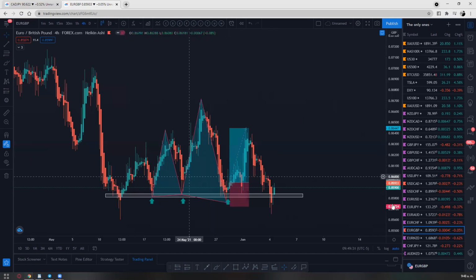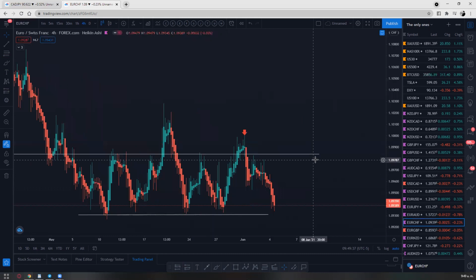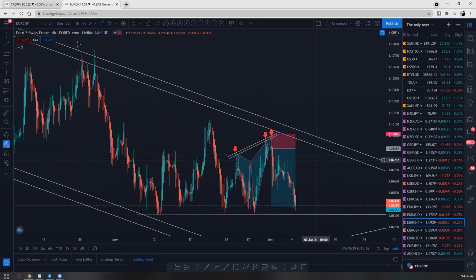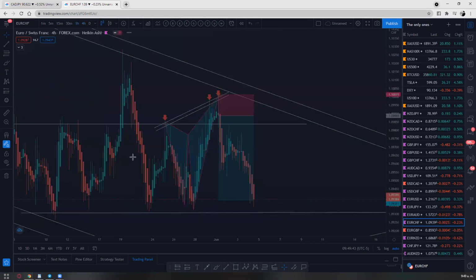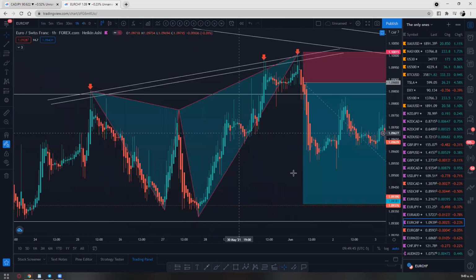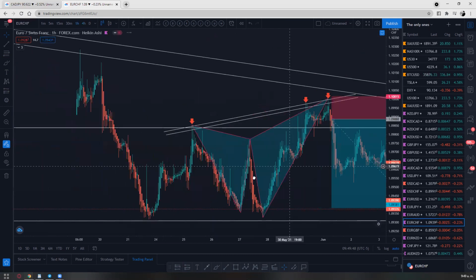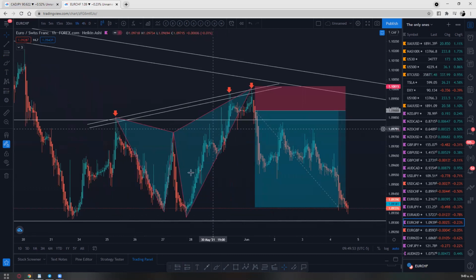Yes, kind of a Cipher as well. Let's see, Euro CHF. Look what happened there. This is another Cipher. I don't remember, and I'm not gonna lie to you, sometimes I get confused between Ciphers and Bat patterns, because they look kind of similar.